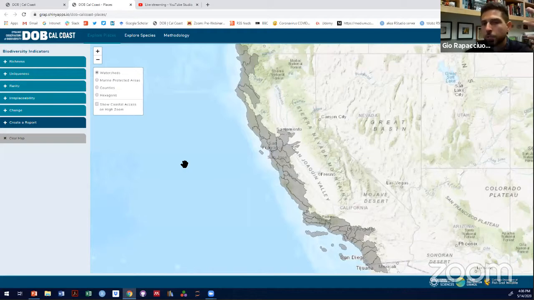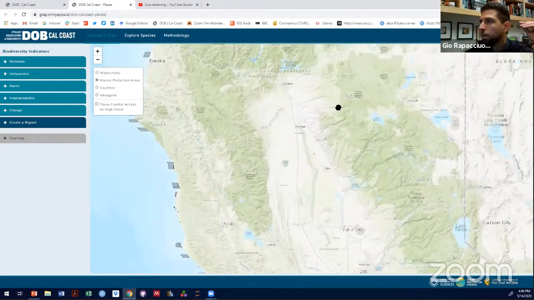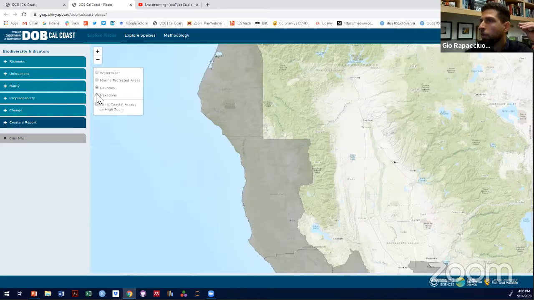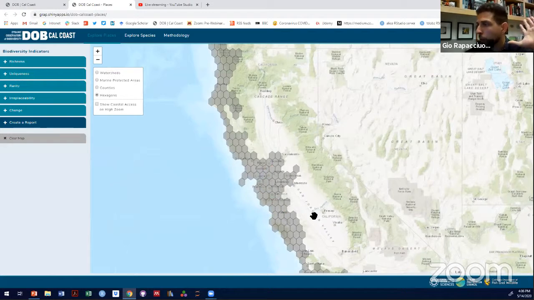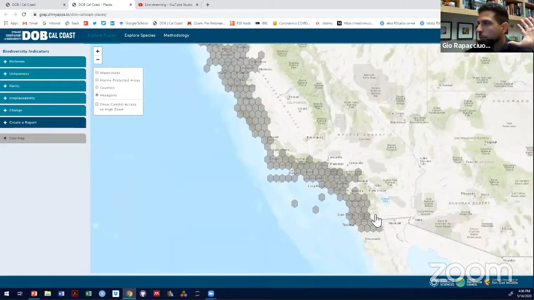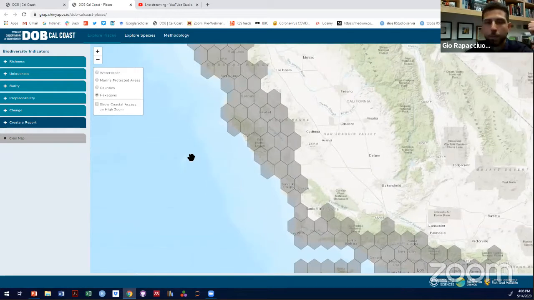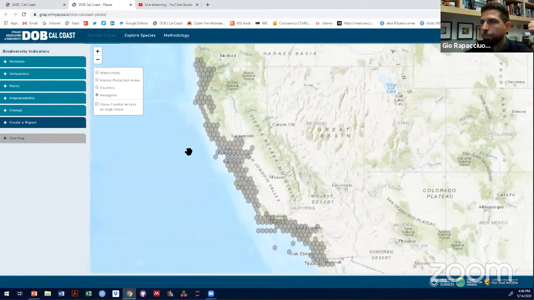And so perhaps it is a little bit more rich. But you can switch between those. And for example, look at marine protected areas or counties as well, or hexagons. And hexagons, these are completely arbitrary hexagons that are an attempt to get a higher resolution picture of some of the place-based indicators that we'll have a look at.